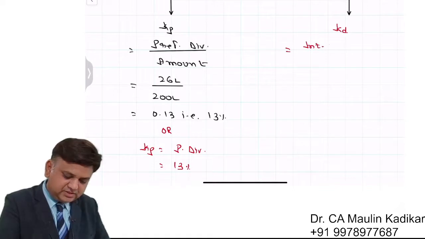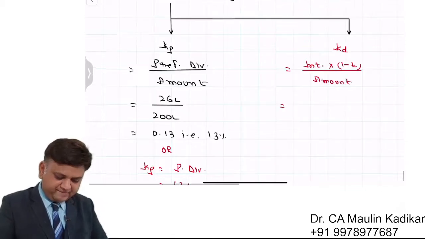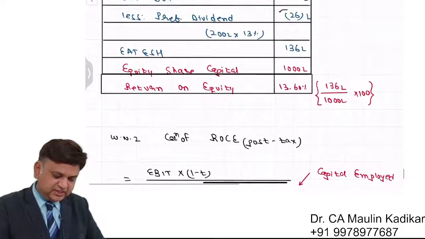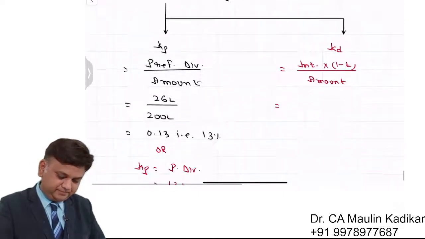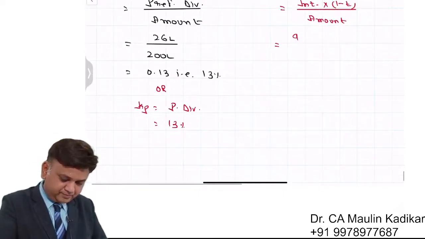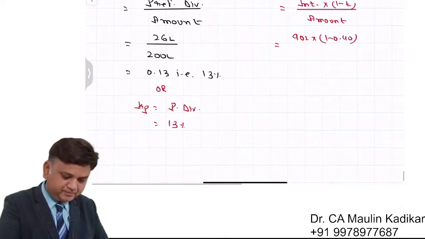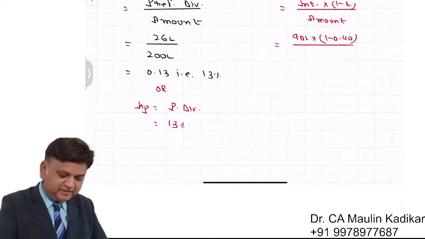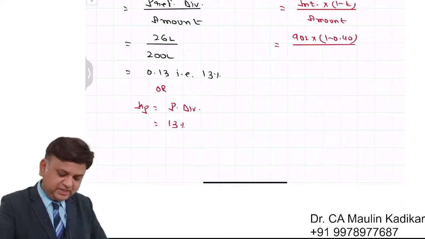It is interest into 1 minus T divided by amount. The company is raising the debt financing of an amount of 90 lakhs into 1 minus 0.4, divided by amount of the debt financing is an amount of 600 lakhs.